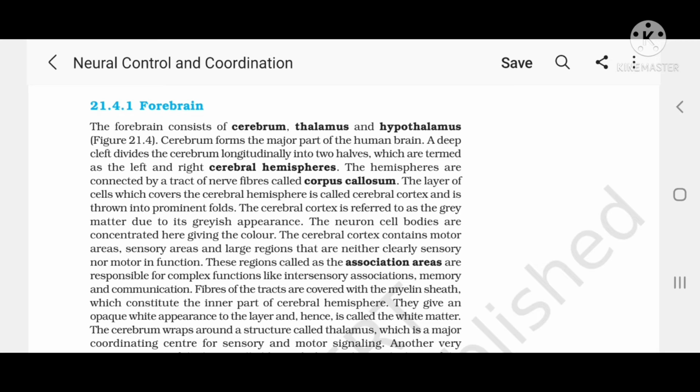The layer of cells which covers the cerebral hemisphere is called cerebral cortex and is thrown into prominent folds. The cerebral cortex is referred to as the grey matter due to its greyish appearance. The neuron cell bodies are concentrated here, giving the color.